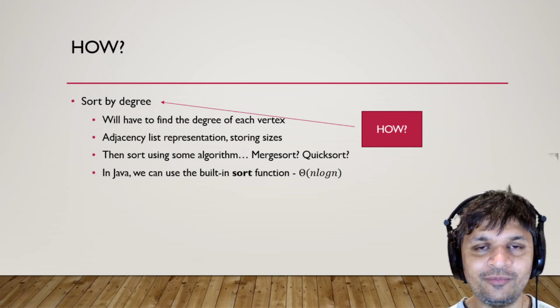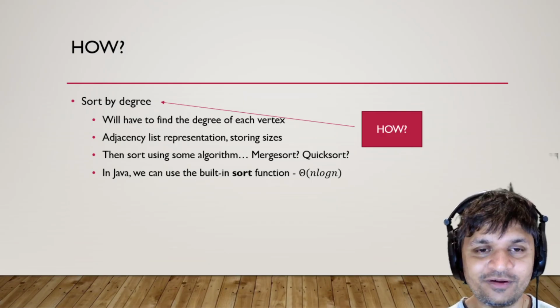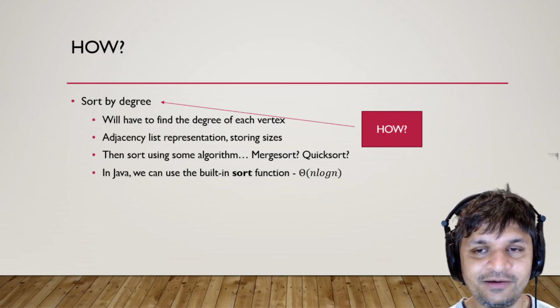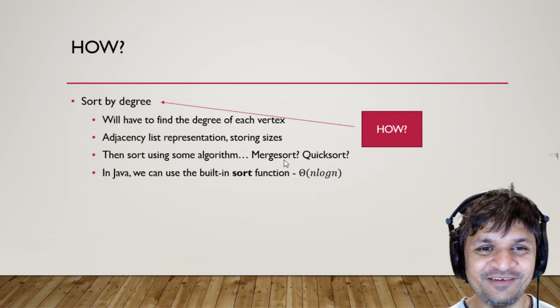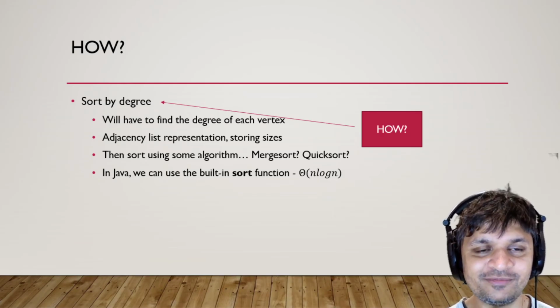So if I want to know how many neighbors I have, I just look at the size of the adjacency list and I'm done. If I've got the degrees, I can just sort using some sorting algorithm like merge sort or quick sort. In Java, we can use the built-in sort function, and then the whole thing will cost us theta n log n. I'll do a video on why merge sort costs theta n log n, but we'll save that for the future. Okay, so the sorting part is done.